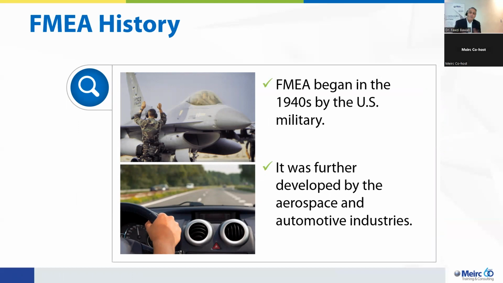Many of these industries are governed by strict regulations and standards, for example, ISO 16949 or AS 9100, where it is a mandatory requirement to assess risk, and the FMEA tends to be one of the tools that they continuously use to assess their production, their manufacturing, and some of the critical steps that they have in their operations.